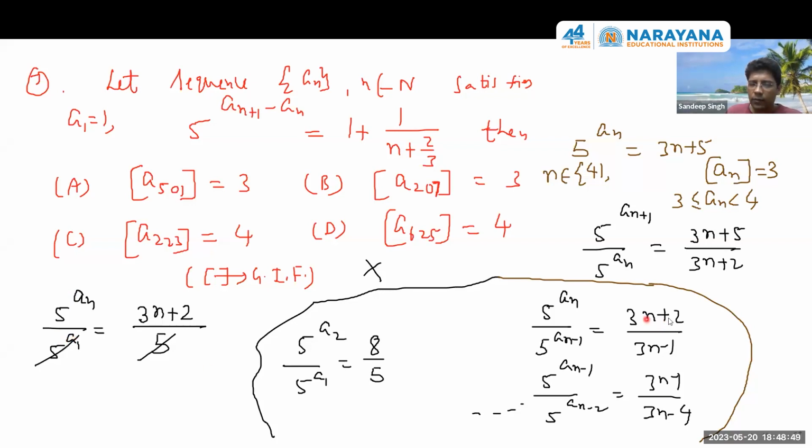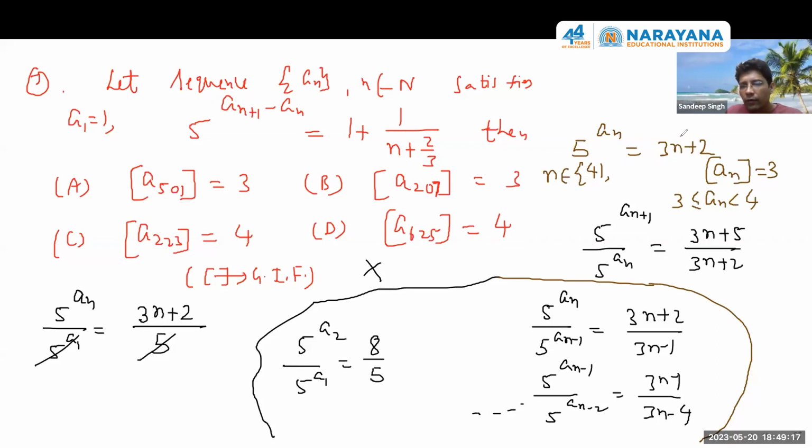On the RHS, 3n plus 2 will not get cancelled, and all of these 3n minus 1, 3n minus 4 will get cancelled except 5. Sir, on top you have written 3n plus 5. We are talking about RHS terms. Yes, on top, 5 raised to the power an. Here I have written it incorrectly. Okay, 3n plus 2.